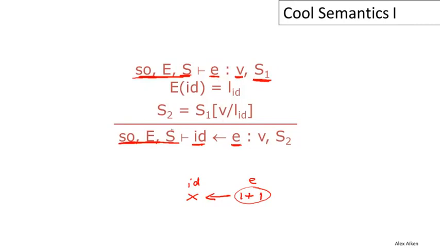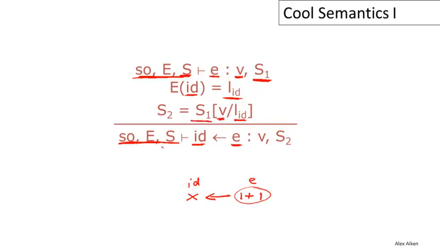And now, to actually do the assignment, what do we do? Well, we have to know what memory location we're supposed to update. So we look up the memory location for ID, and that'll give us some location L sub ID. And then we modify the store with the new value. We replace the value at the location L sub ID to be the value of e, the value v.